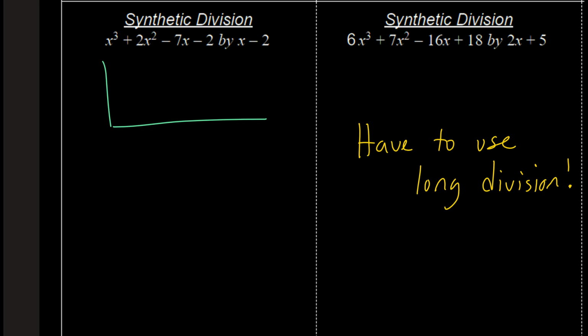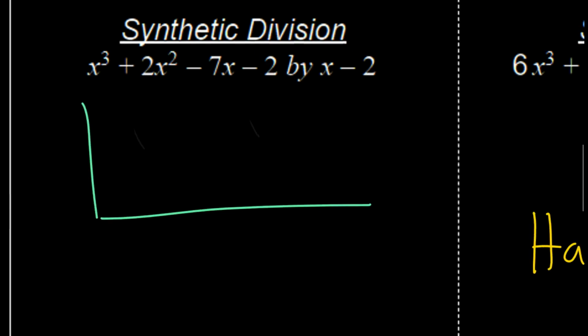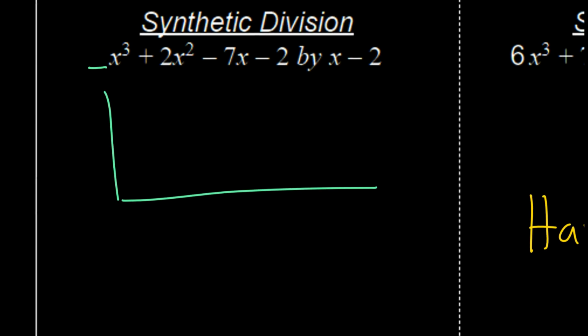So what is the coefficient on x cubed? 1. Coefficient is the number in front, and we have an invisible 1. Then what's the next coefficient? 2. And what's the next coefficient? 7. And the next number? -2. So that's what goes inside.